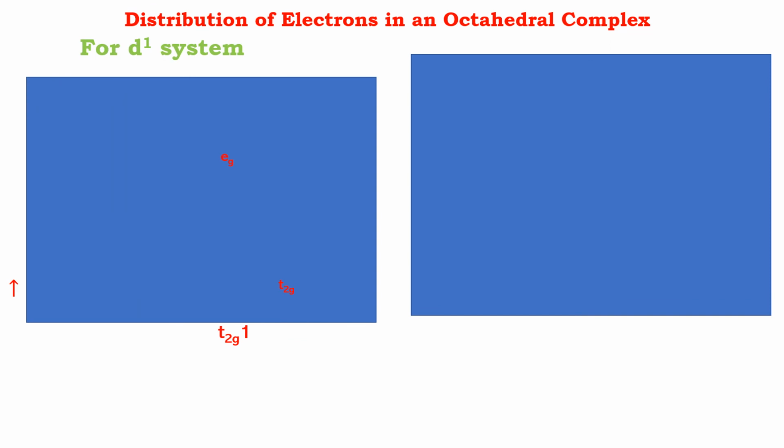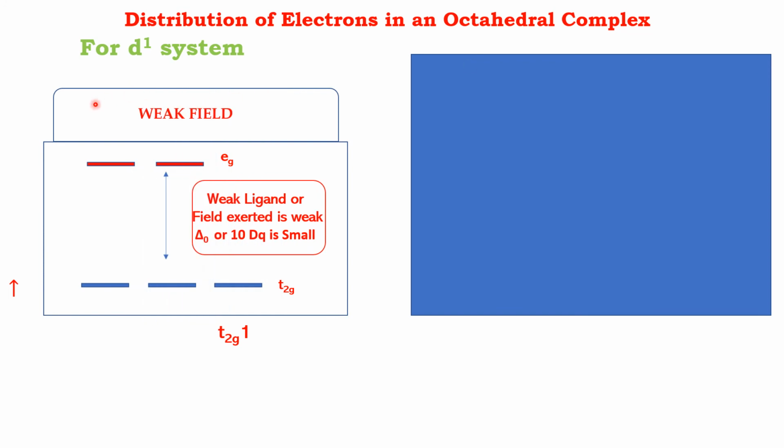Now we see for a d1 system how the electrons are entering and how we can calculate the crystal field stabilization energy for a d1 system. See here, for a d1 system we first take a weak field environment.